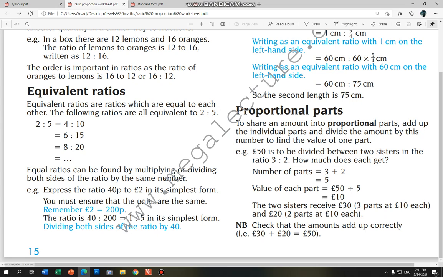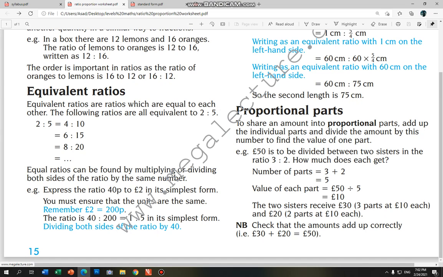What should I do? I find the number of parts: 3 and 2, the sum of the ratios is 3 plus 2 equal to 5. The value of each part will be £50 divided by 5, which gives £10. The first sister gets 3 parts and the second sister gets 2 parts, with each part worth £10.